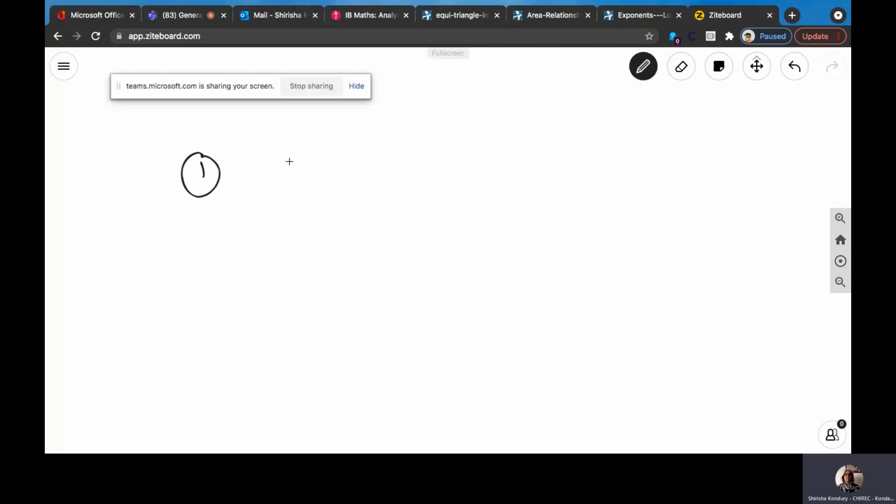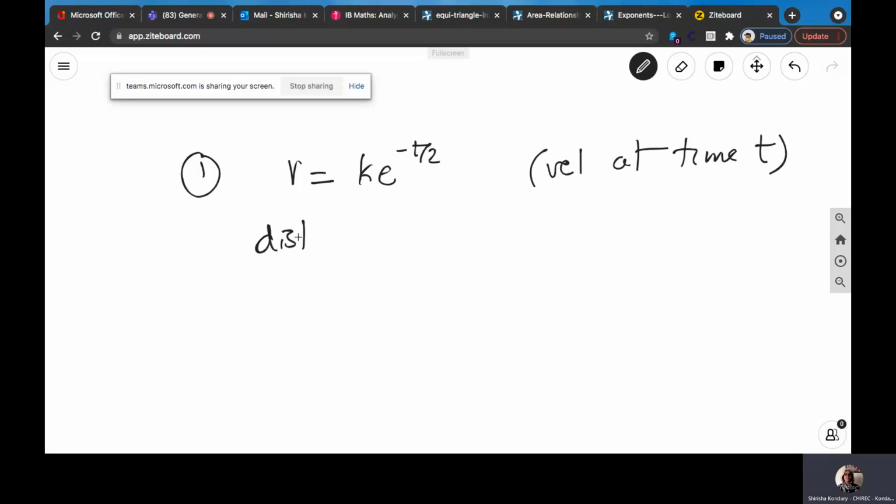So the question says the velocity of a body at time t is given as k e raised to minus t by 2. So this is velocity at time t. Find the distance traveled between time equal to 0 and time equal to a.